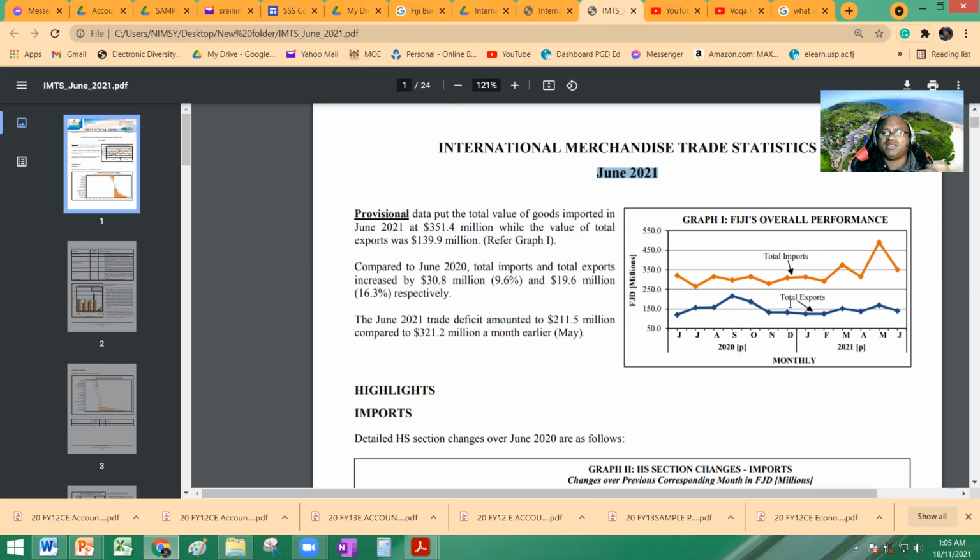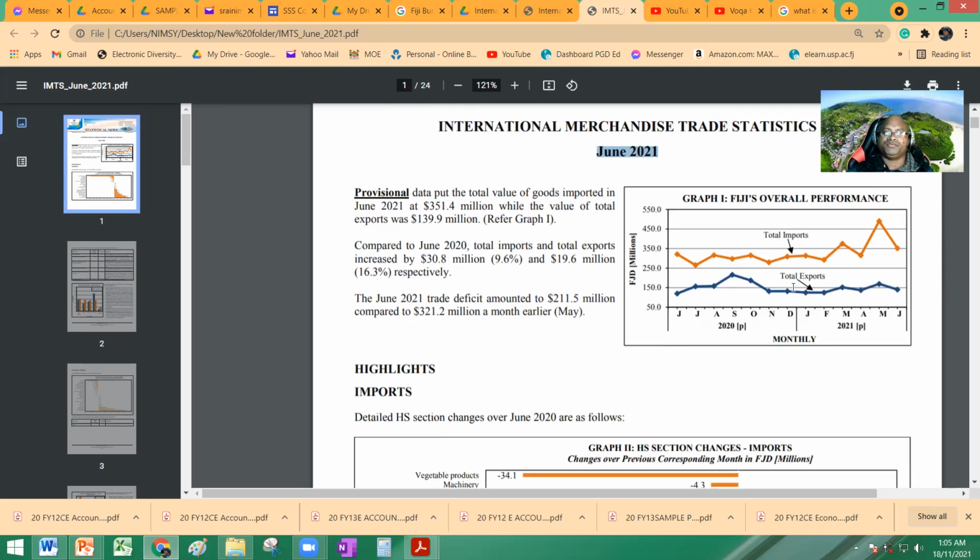Trade is buying or selling. So trade deficit. We are selling less, less export income, and more import expenses. So there's a deficit. Income is less than our expenses.